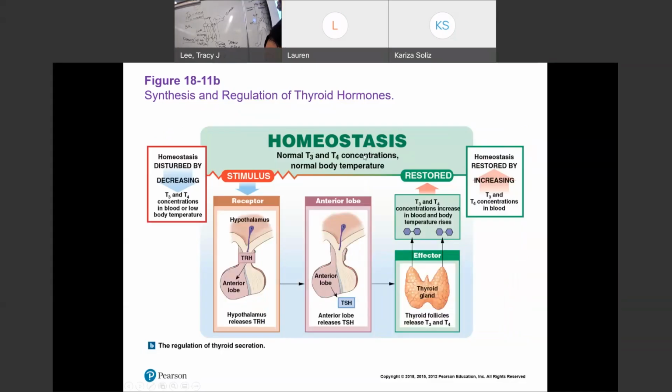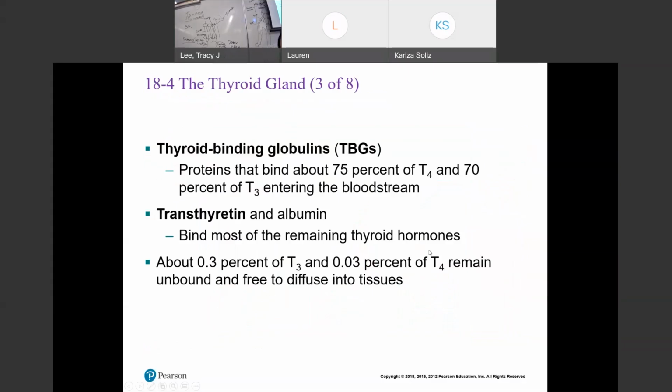T3, again, we're looking at our metabolism. If we have some sort of a decrease in T3, T4, we'd see releasing hormone, which would talk to our anterior pituitary gland, which would tell the thyroid to release those, and we would see our thyroid release.